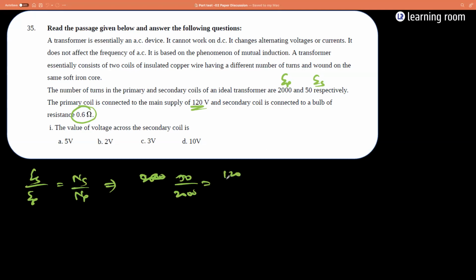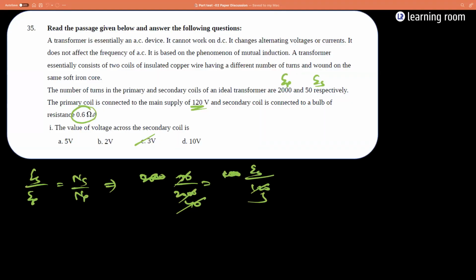So this will go 40 times. Answer will be 3 volt.